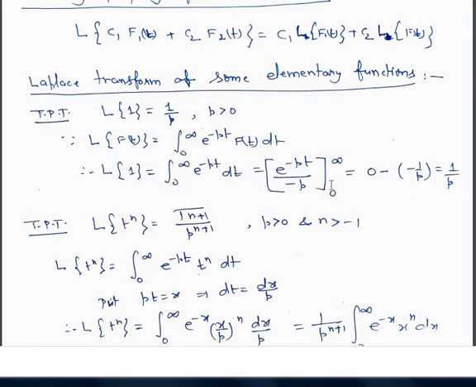Limits are from 0 to infinity. And then you put the upper limit. What will be e to the power minus infinity? e to the power minus infinity is 0. And e to the power 0 is 1. So we have 0 minus 1 upon minus p. This comes out to be 1 upon p. So Laplace transform of 1 is 1 upon p.